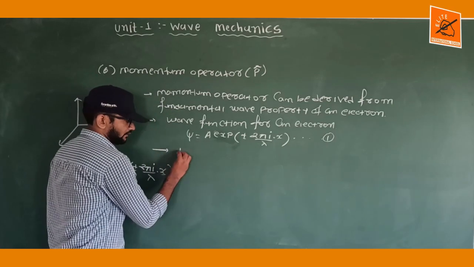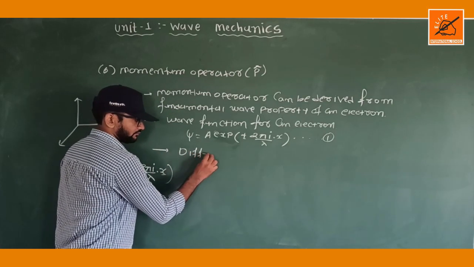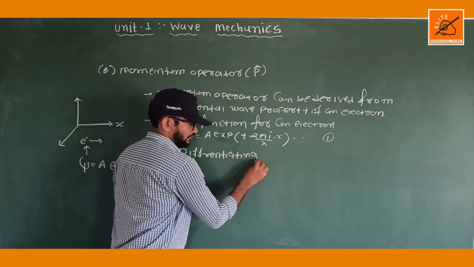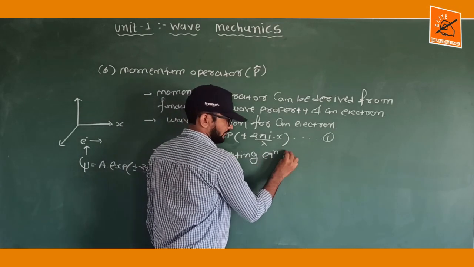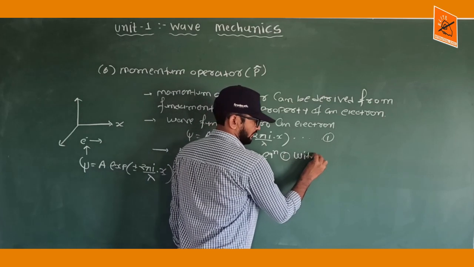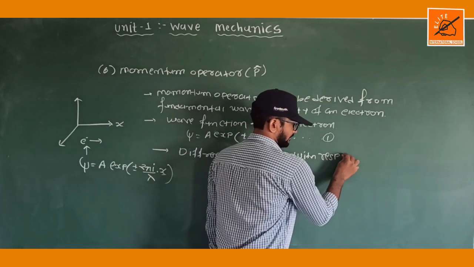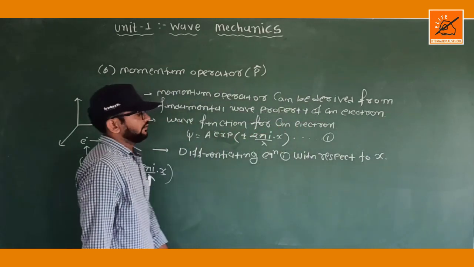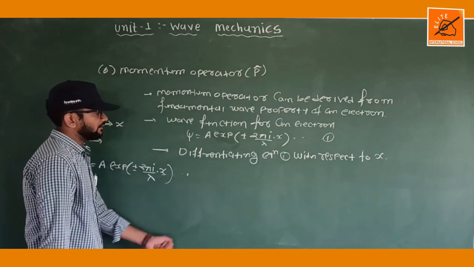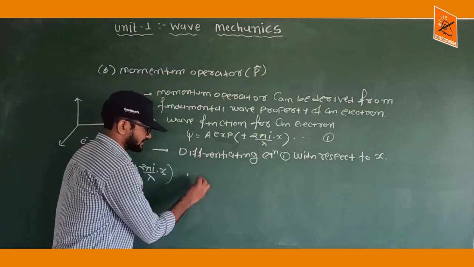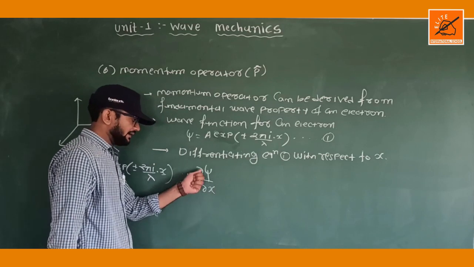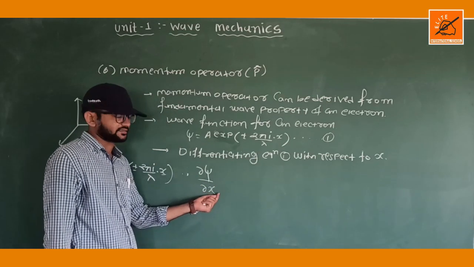Now we differentiate equation number 1 with respect to x. Therefore it will become d psi upon dx, where d by dx is the sign of differentiation.